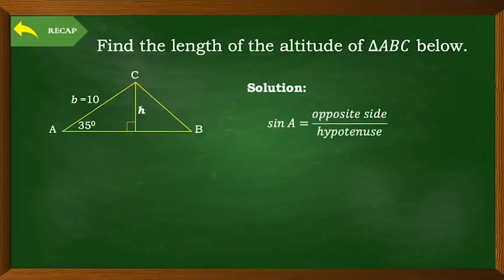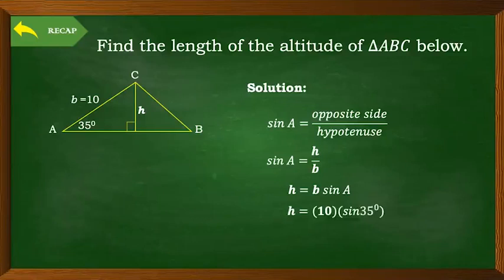So we substitute h for the opposite side and b for the hypotenuse. Then solve for h. Then we substitute the values of b, which is 10, and angle A, which is 35 degrees. Then solve using your calculator. So h is equal to 5.74. Therefore, the length of the altitude of triangle ABC is 5.74.